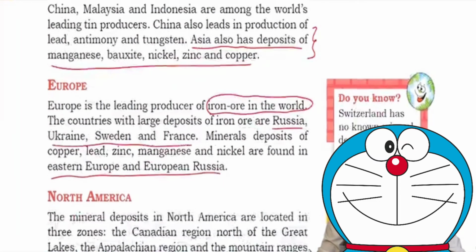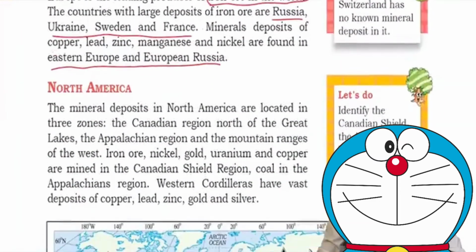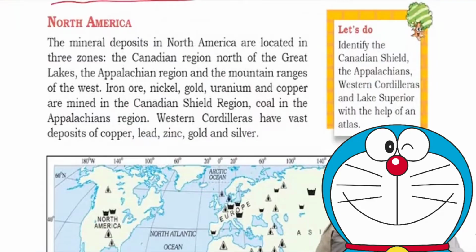This is given in general, so you need not worry. I'll give specifically where these minerals are present and which places are popular. But if you don't know anything and UPSC asks you to give a brief description of the spread of mineral reserves in the world, then it is mandatory for you to write about these things.